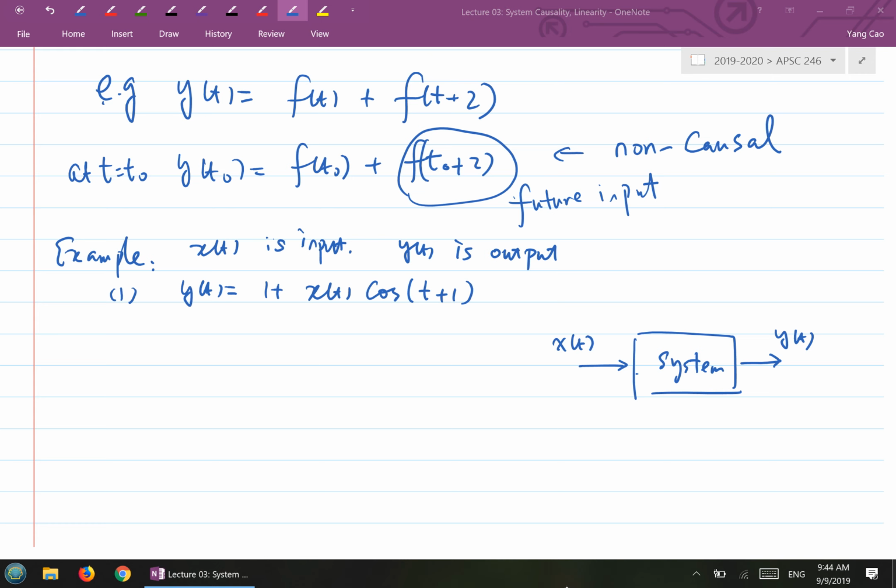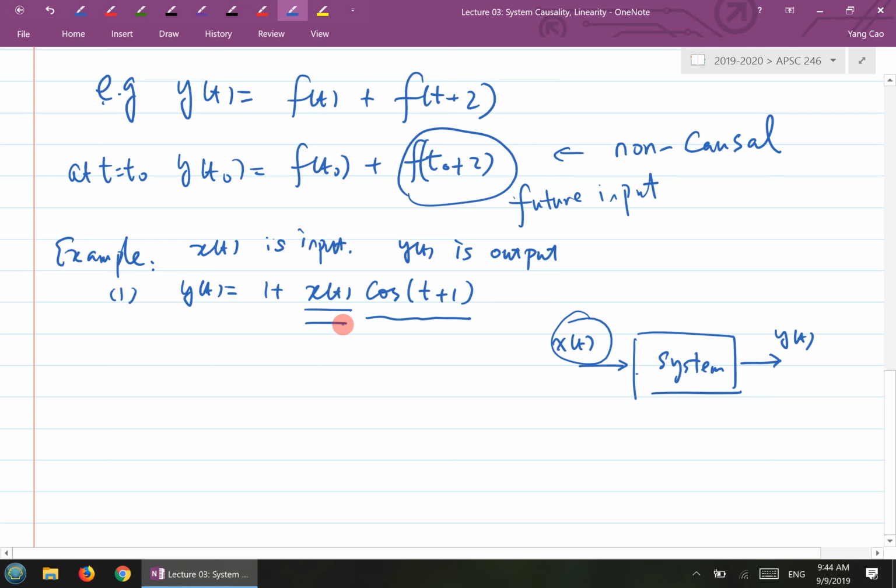You're so focused on the current and the future, but then you forgot the input. Look at this one here. Is this the input? That's not the input. What is the input here? x of t. This is the input.